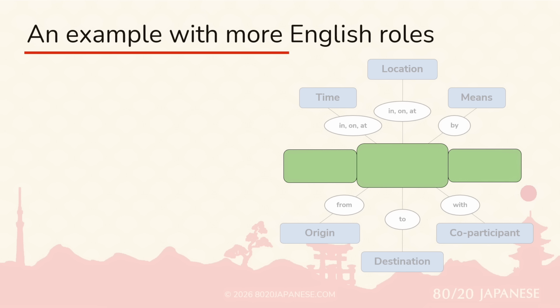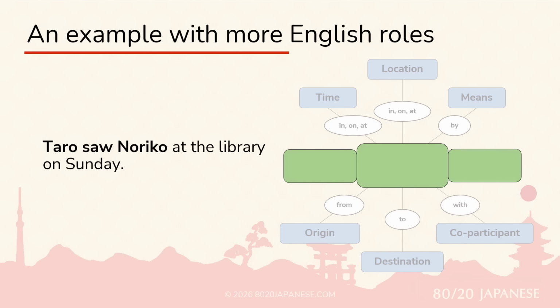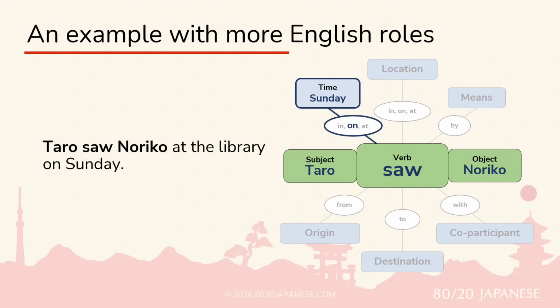For example, if we wanted to say, Taro saw Noriko at the library on Sunday, then what we would do is we would take our core part of the sentence, Taro saw Noriko, and then we would use a preposition to say on Sunday, and another one to say at the library. And so those prepositions tell us how each of those things relate to that core action.